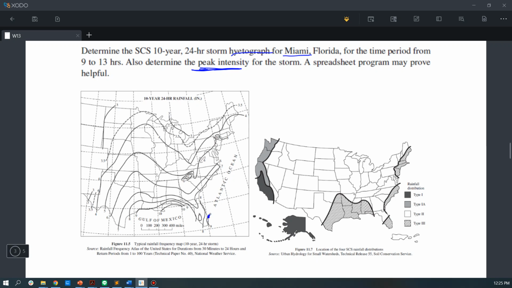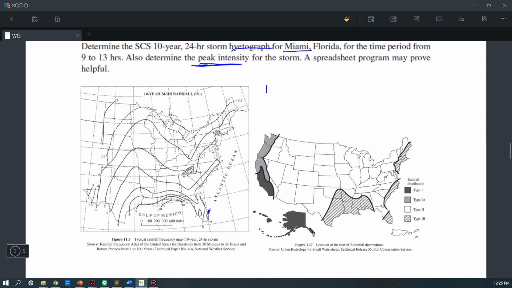So from the figure 11.5, we know that the overall rainfall for the 10-year 24-hour storm is 9 inches, and this is for Miami.